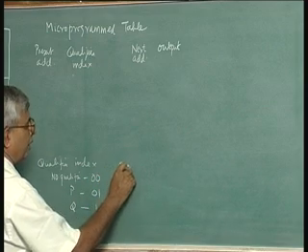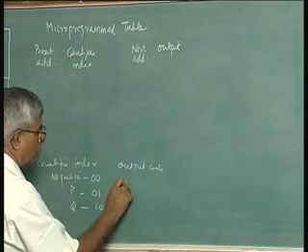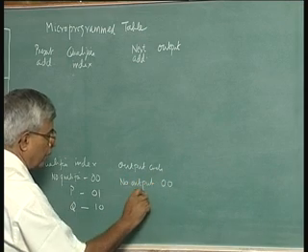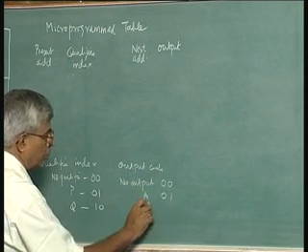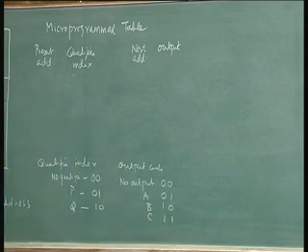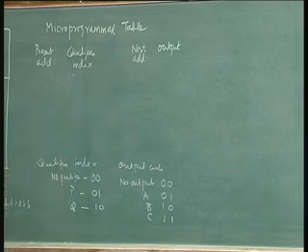Output we already decided, the output code: no output is 0 0 0, output A is 0 1, output B is 1 0, output C is 1 1. This is the same as what we did in the last lecture, and I purposely left a blank here, if you have observed that.